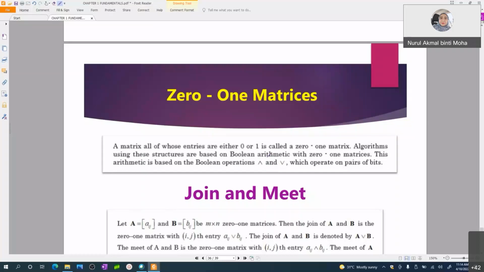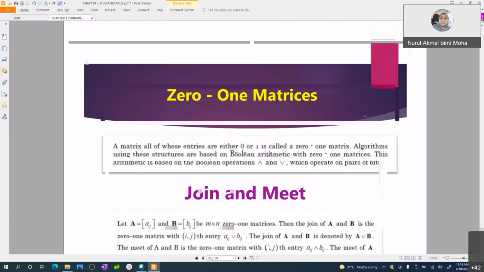Then you have A equal to these matrices and B is these matrices, m times n 0, 1 matrices. Then the join of A and B is the 0, 1 matrix with the ij entry Aij union Bij. The join is denoted by this one. The meet is denoted by this one. So this is the keyword.